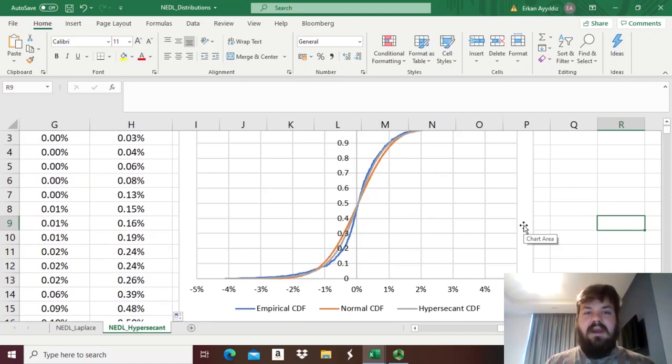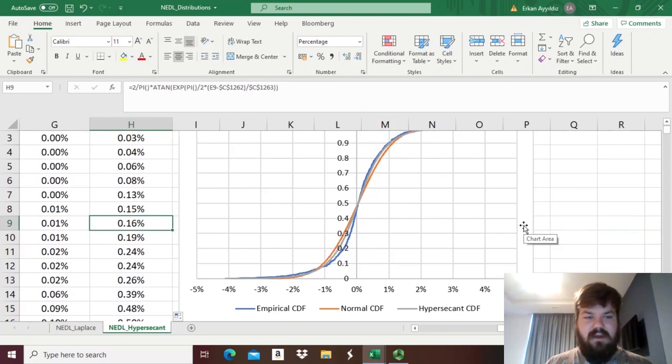So, just to recap, the hypersecant distribution utilizes the logic of the arctangent function to convert it into a plausible distribution function. What is important to understand about the hyperbolic secant distribution is that it has fatter tails than the normal distribution.